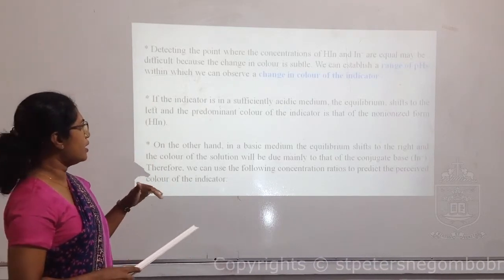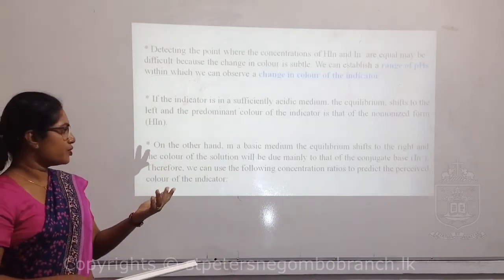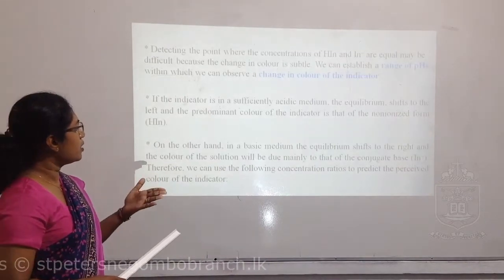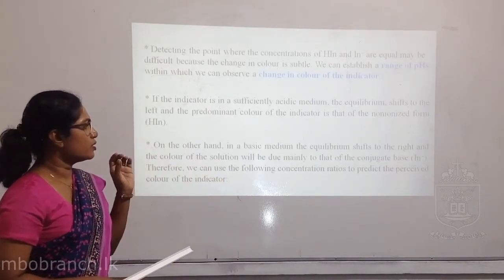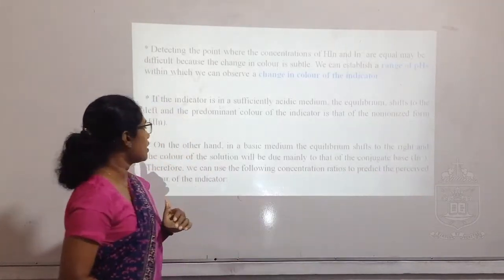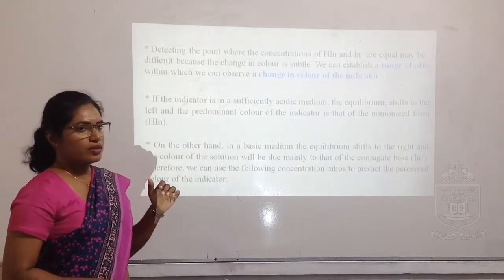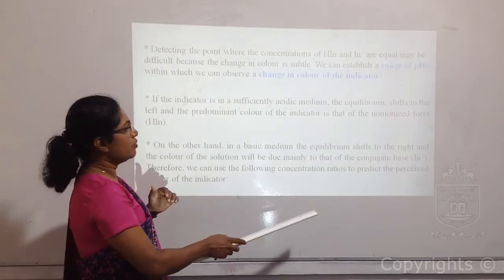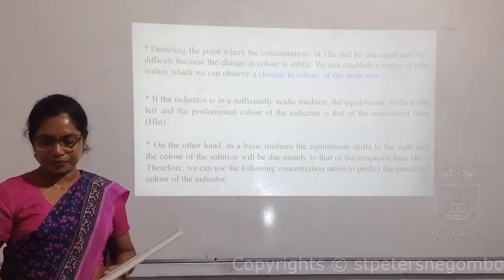On the other hand, in basic media, the equilibrium shifts to the right, and the color of the solution will be that of the conjugate base, the In minus ion.